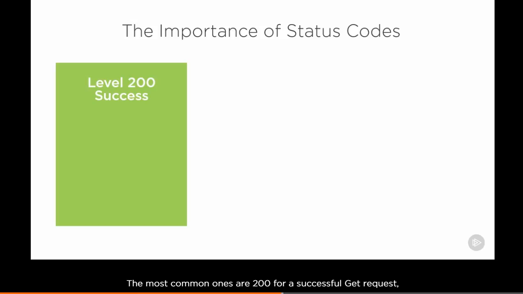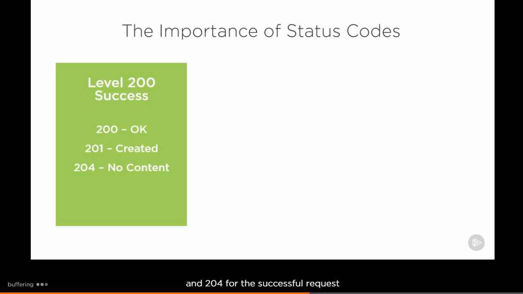The most common ones are 200 for a successful GET request, 201 for a successful request that resulted in the creation of a new resource, and 204 for a successful request that shouldn't return anything, like a delete.